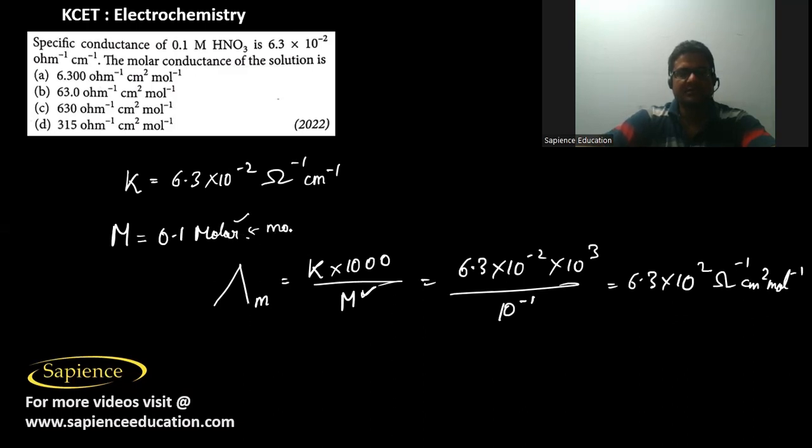Molar means mole per liter. Now 1 liter is 1000 centimeter cube.